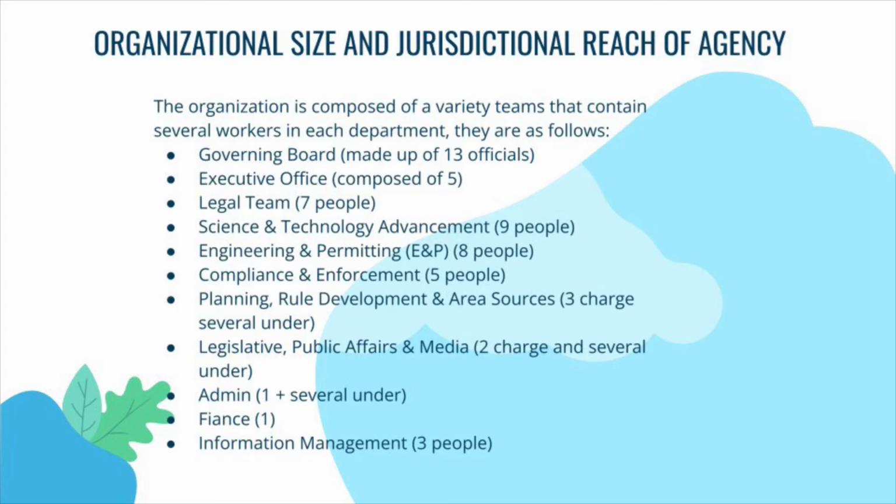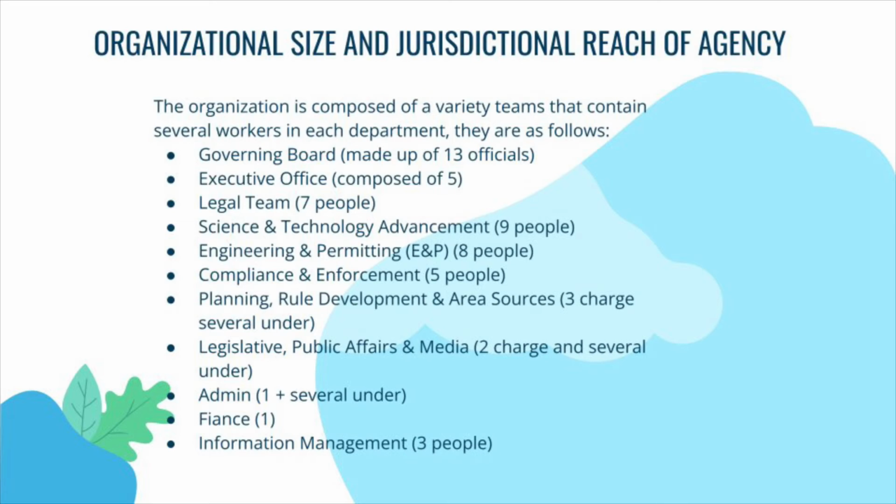And then there's the legal team, which helps them make sure they're keeping all their legal paperwork in order. Next would be the science and technology advancement, which is pretty important because this is all based off science. So as long as they're informed and up to date and making sure that they have the most relevant information, it helps the organization and their validity be upheld.